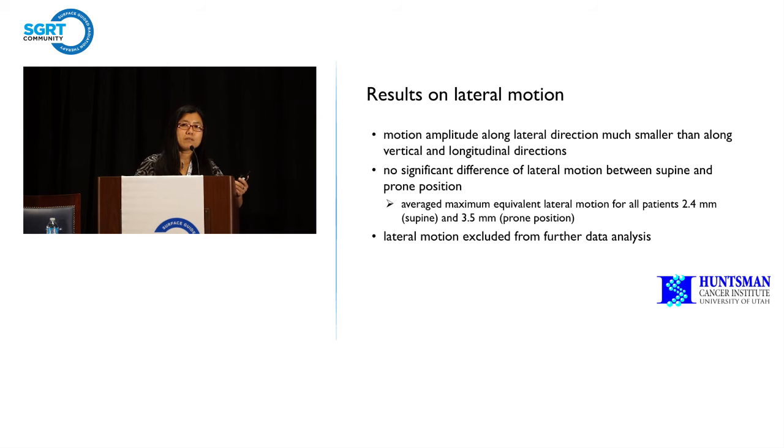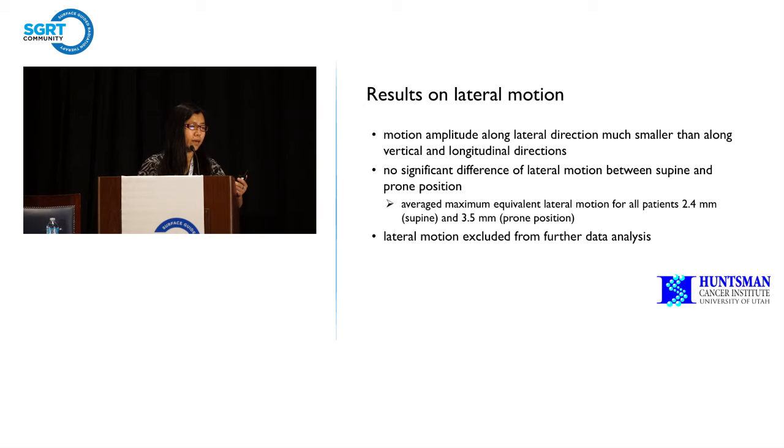For the results, we noticed the motion amplitude along the lateral direction is much smaller than along the vertical and the longitudinal direction. The maximum movement, I think, is along the longitudinal for the whole study, approaching 3 centimeters. But laterally, it's much smaller.